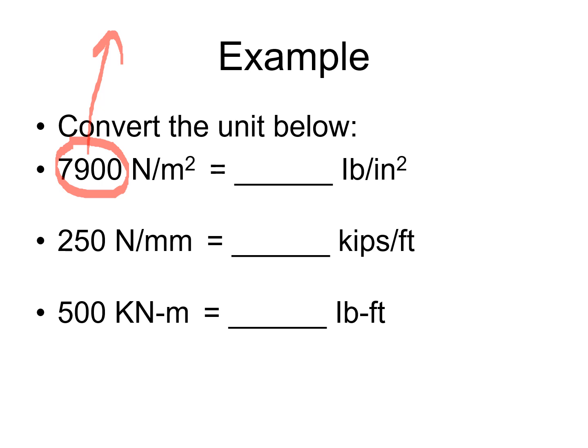So convert 7,900 Pascal into PSI. Convert this 250 Newton per millimeter to kips per feet, and then 500 Newton meter to pound feet. Try it out. We can discuss this when we meet online.